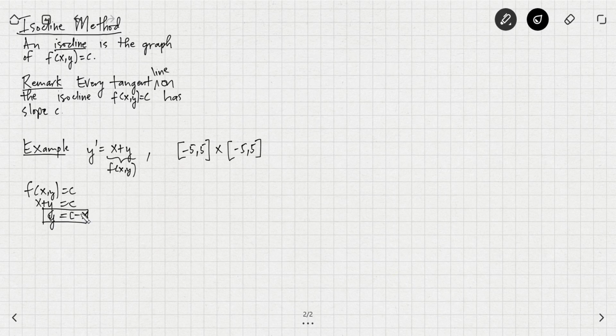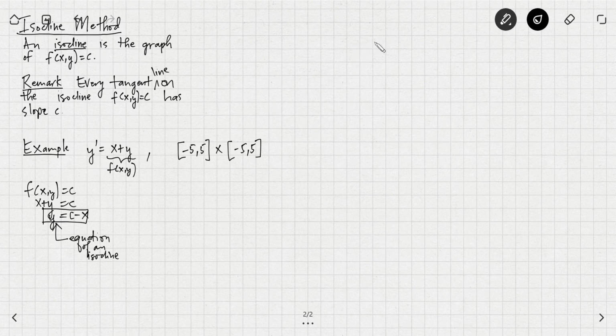Now, take note, itong y equals c minus x, hindi siya solution dito sa differential equation natin. Okay. Ito yung equation ng isocline, not a solution to the differential equation.